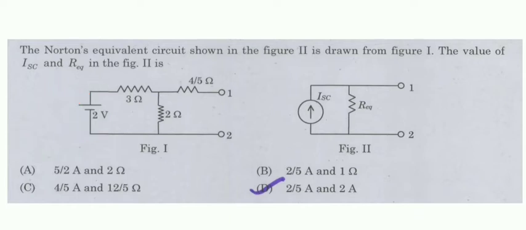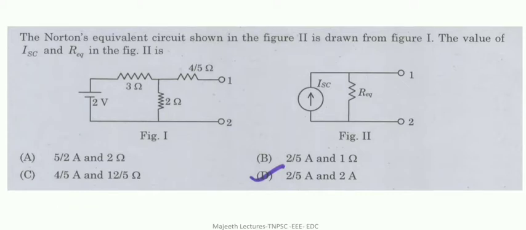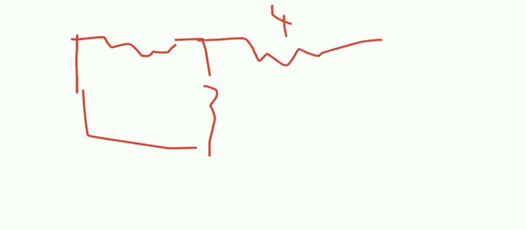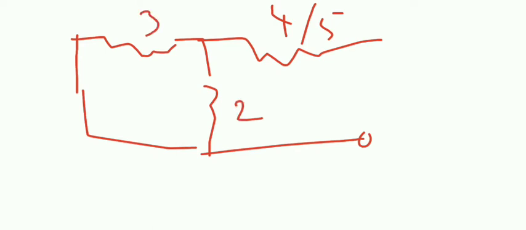So first we find R Norton or R equivalent, right? R equivalent is given by shorting the voltage source, right? This is the remaining circuit: 4 by 5, right? 3, 2. So what is my equivalent circuit? These two are parallel.